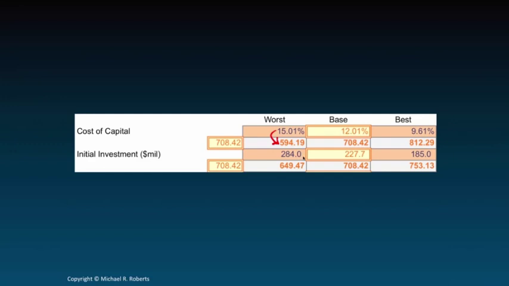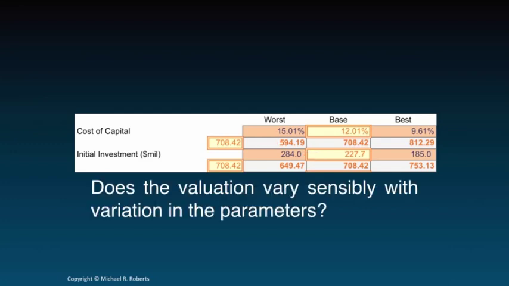When I increase the cost of the initial investment from 227 to 284, the NPV moves from 708, our base case, to 649.47. Okay. So I actually like to look at this table to get some sense of the sensitivity of the valuation to changes in specific parameters.